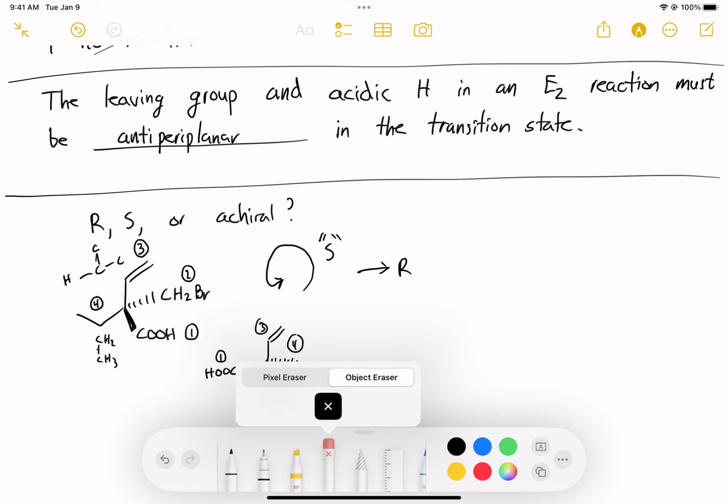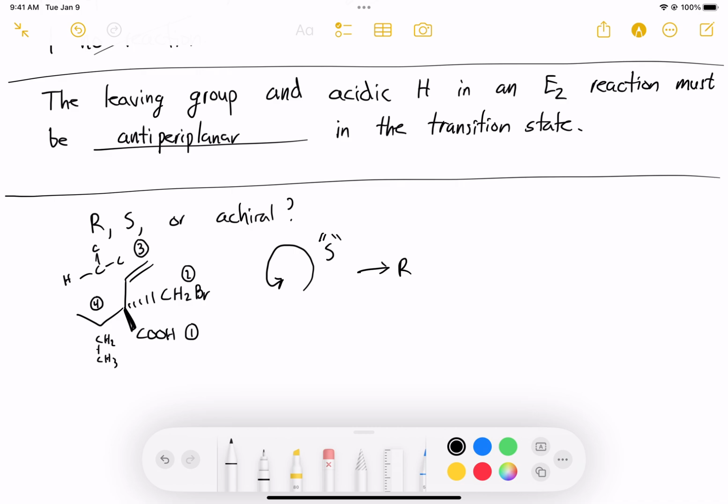So maybe we don't rotate that one. Let's rotate something else. Okay. So let's rotate it this way.